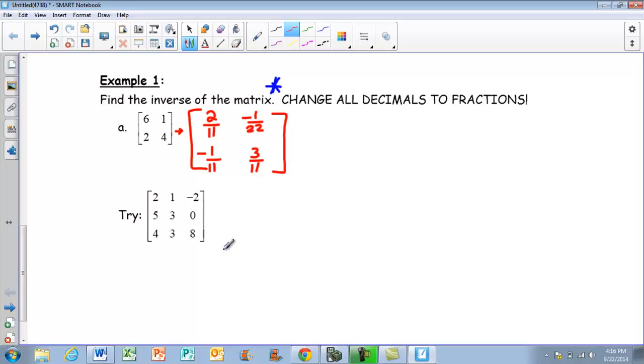Okay, so go ahead and pause now and fill in this next one into your calculator and find the inverse. Again, you're filling in all this information and then taking the inverse of it.